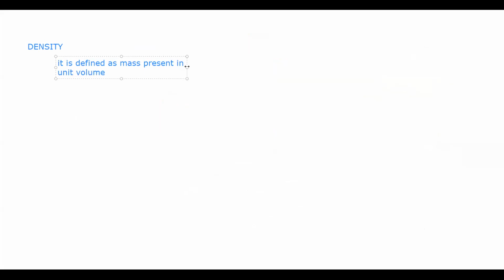So how much mass is there in a unit volume or a specific volume? What we call that as a density. And to find the density, the formula for a density is equals to mass by volume.